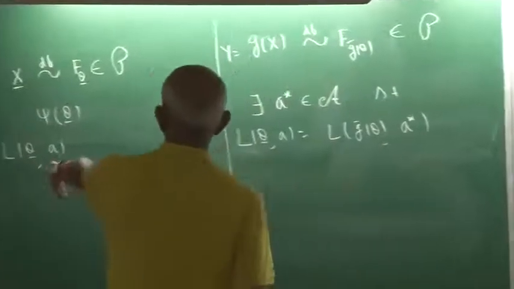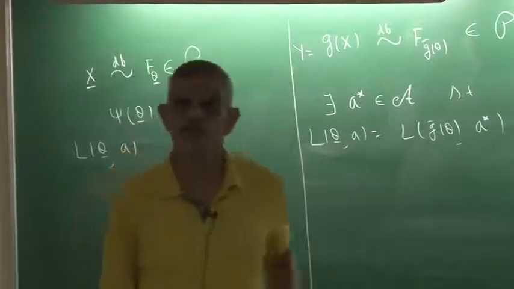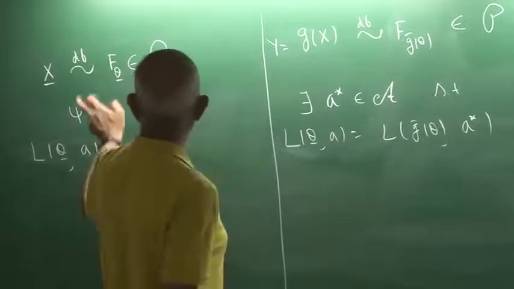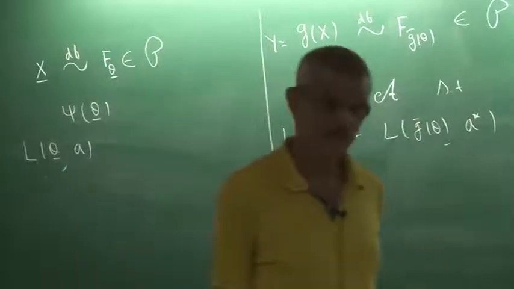So for every A there exists an A star such that the two losses are the same, except that here you are estimating psi of theta, and here you are estimating psi of g bar theta.